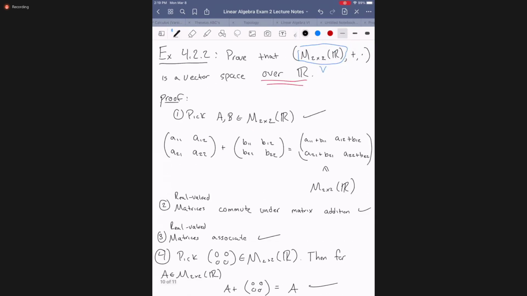So for matrices, does that exist? If I pick a matrix A with the entries A, B, C, and D, does there exist a matrix, say, negative A? Well, it already tells you what it is, but there exists a matrix B such that A plus B is 0, right?